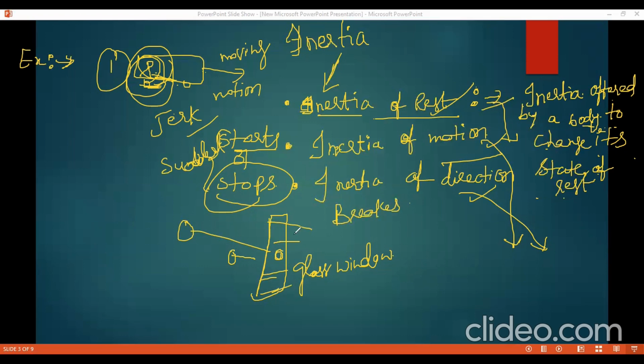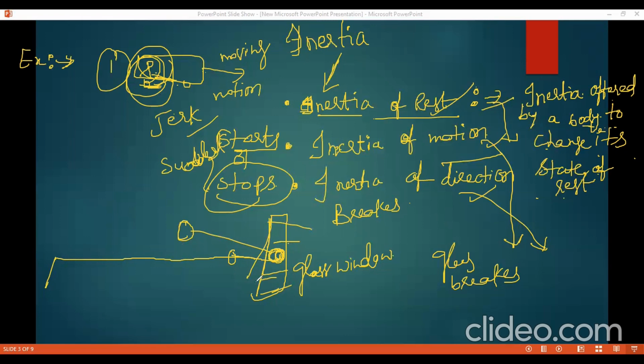Yes. So why is this happening? You are hitting the glass window with a stone. What happens? The glass window breaks into pieces, right? But when a bullet comes from a gun, it is coming very fast, and it is hitting the surface of the glass.